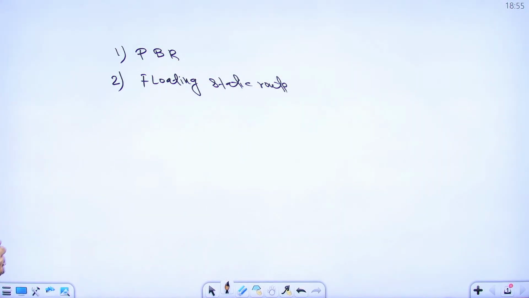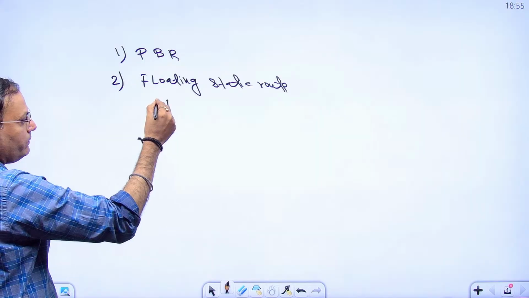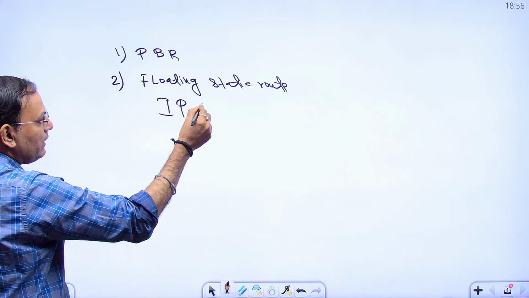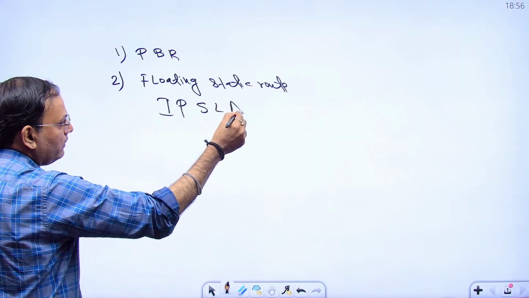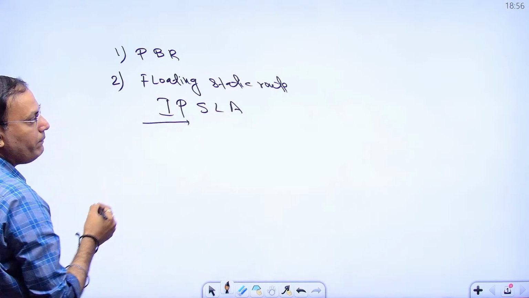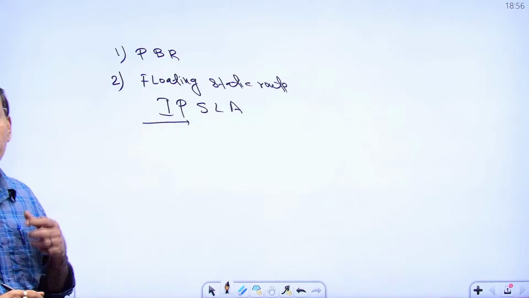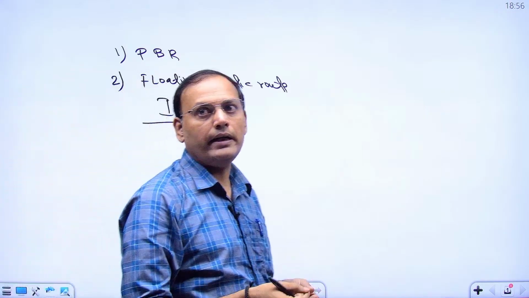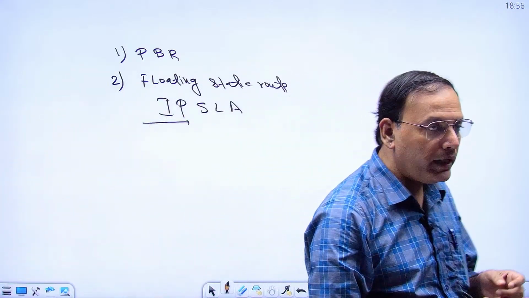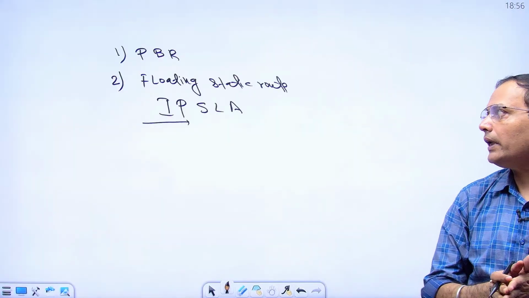Now coming back to IPSLA, that is called IP Service Level Agreement. The full form is IP Service Level Agreement, right? Why is IPSLA configured in a static route? Why is it not required in any dynamic routing?